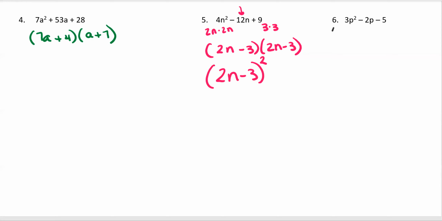Number 6, I'll go ahead and work out. We need the factors of -15 that add to -2. I'm going to use the slide and divide method here. I'm going to go ahead and just write my factors as x minus 5, x plus 3.